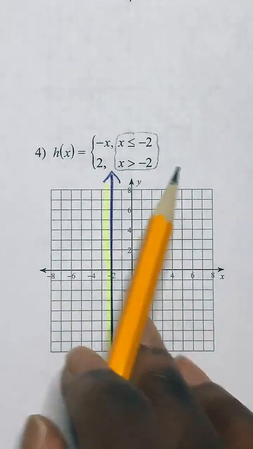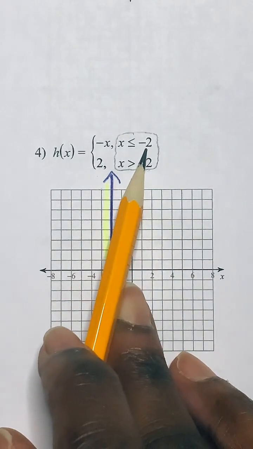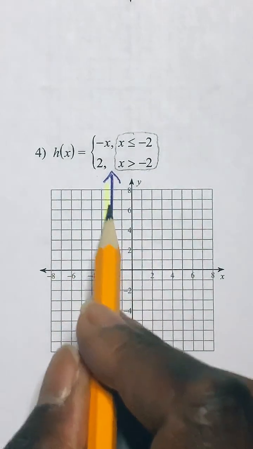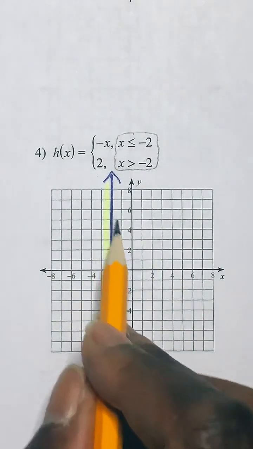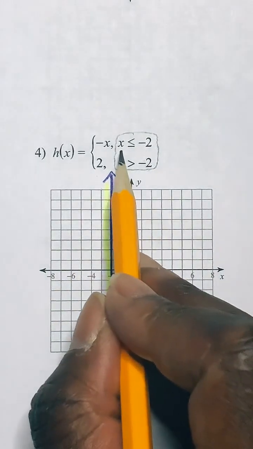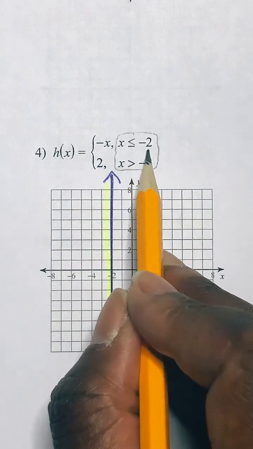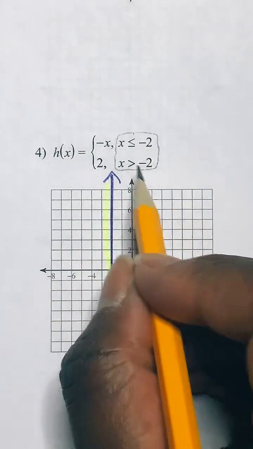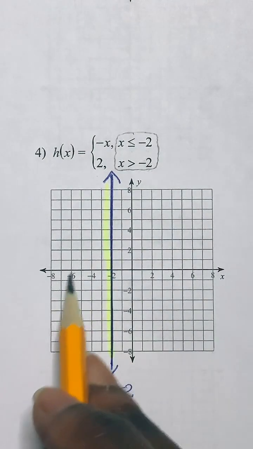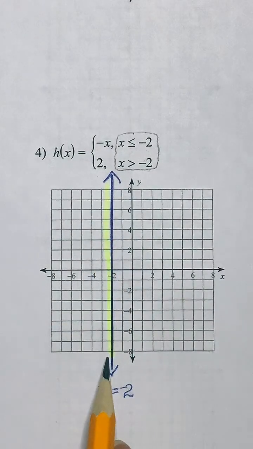All right. So, since we have a -2, this is something that I like to do to try to figure out where should my point be and which side should I be working on. So, since we have x is less than or equal to -2, that means I'm going to be drawing basically the left side of this boundary line.